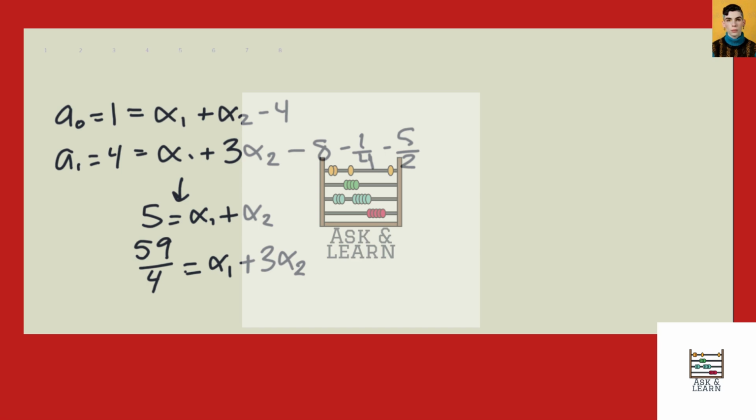So we can subtract the two equations. And we will end up with 39/8 is equal to alpha 2. And now that we know alpha 2, we can just kind of pop it into that first equation, right? So we would get 5 minus 39/8 is equal to alpha 1.